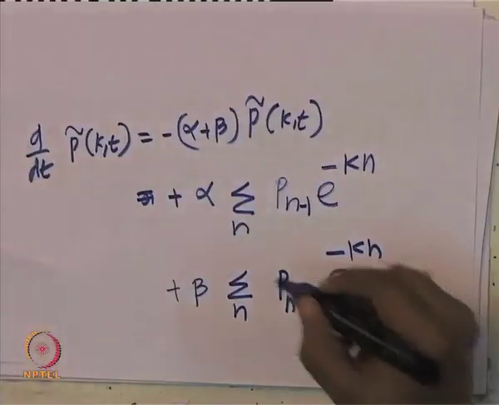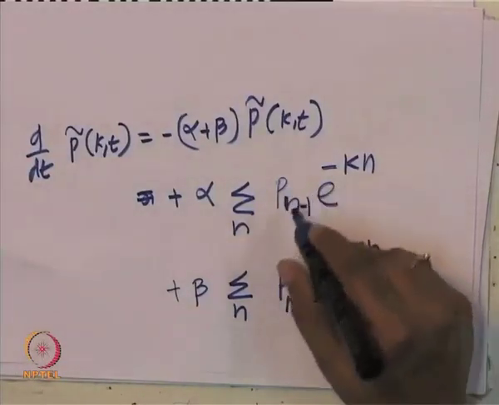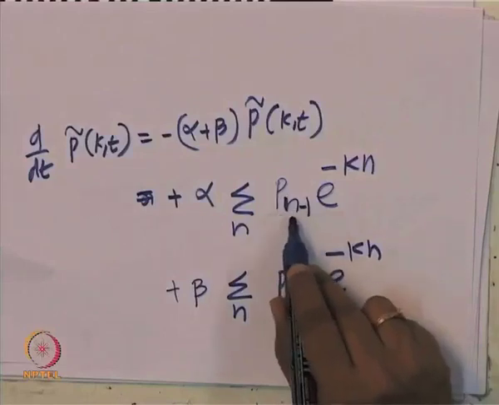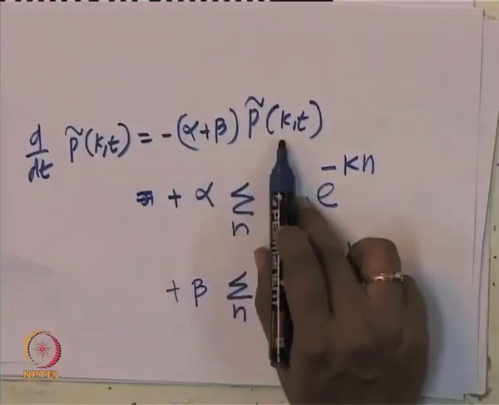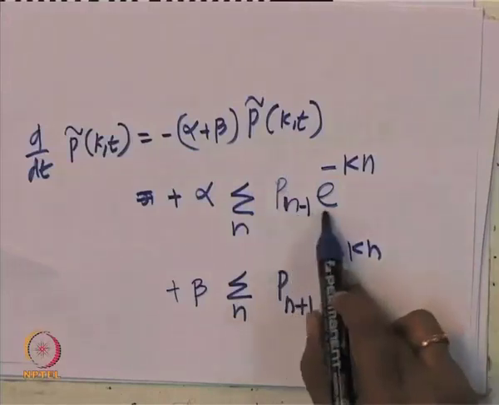Now, if this were n, sum over n p n e power minus k n, I could have defined it as p tilde of k, but this is not n, this is n minus 1.